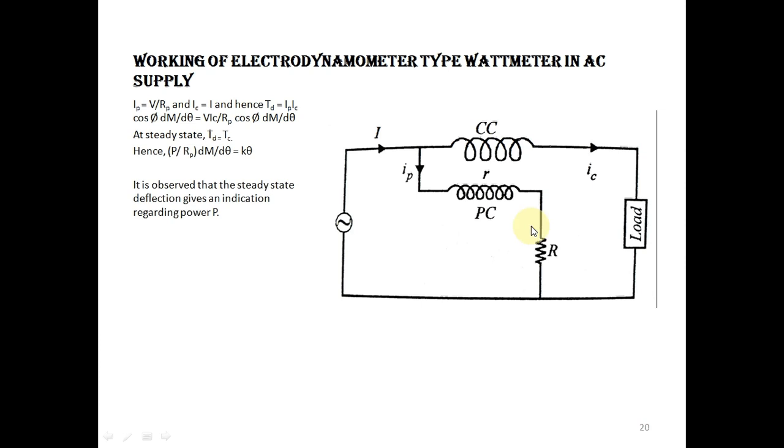Otherwise, IP equal to V by ZP. What is Z? Root over R plus R whole square plus the inductive reactance due to this coil square. You know that. Due to this inductance, some error is introduced, so our next discussion will be confined to the different types of error encountered in an electrodynamometer type wattmeter.